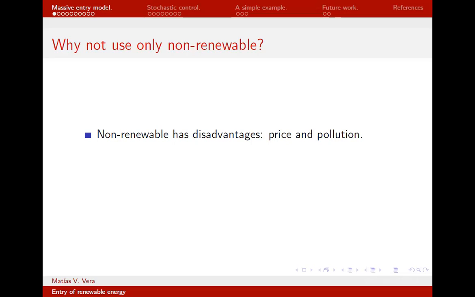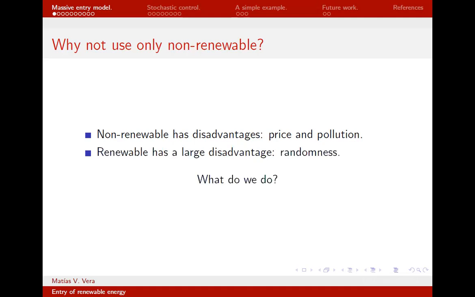So if we have these disadvantages of non-renewable, why not use only renewable? Like here in Chile, solar panels are a large part of the energy. On a normal sunny day, for example, at some times 80% of the energy produced in Chile is basically solar energy. So why not use all of it, and create greater energy plants?